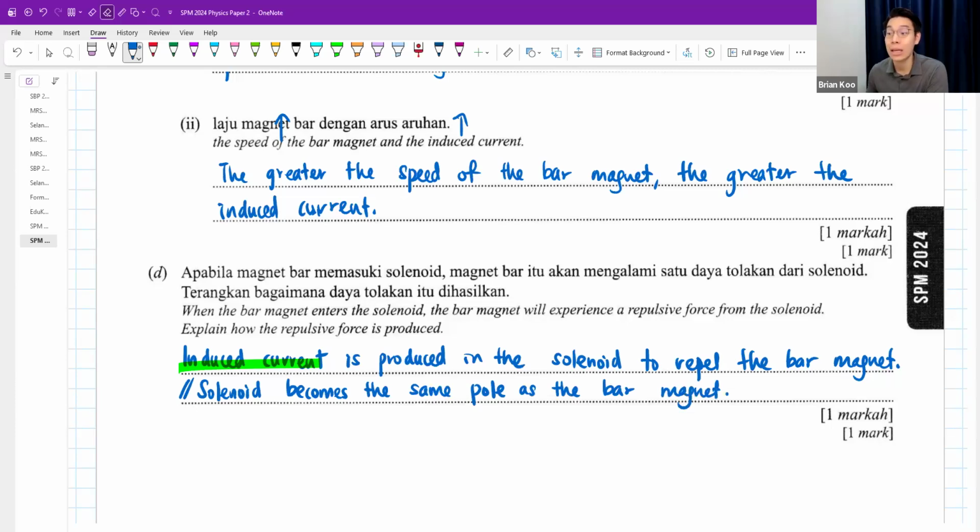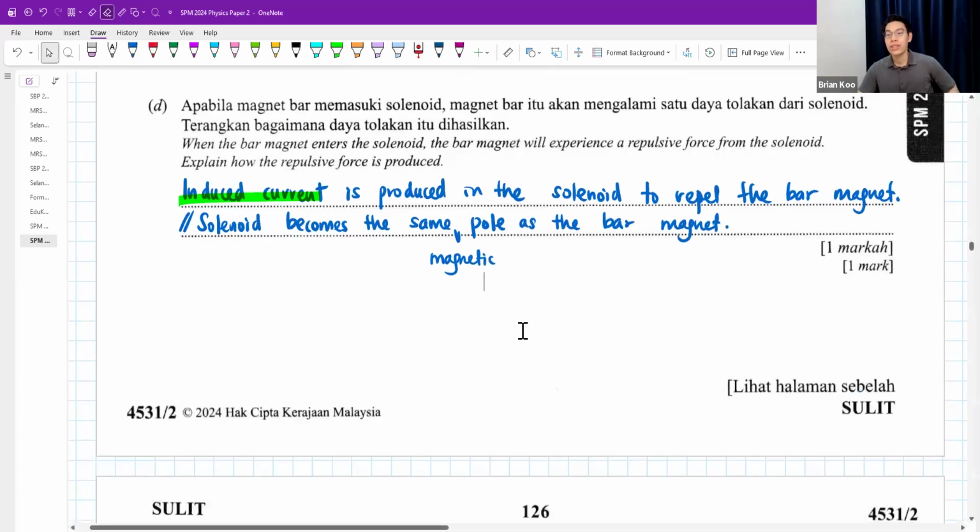Pole as in the magnetic pole, like north and north. Okay, same magnetic poles, so north and north or south and south to repel it. Can also, right? But I feel the keyword here is induced current.